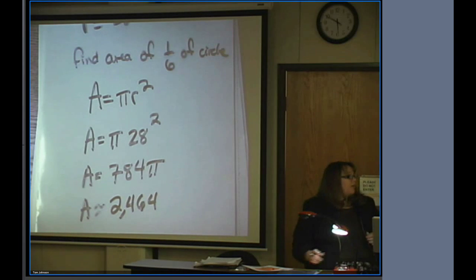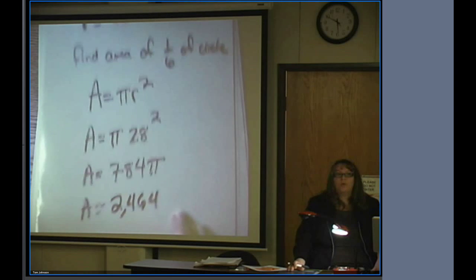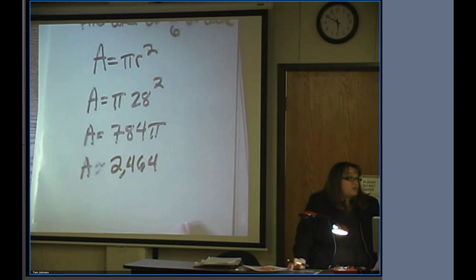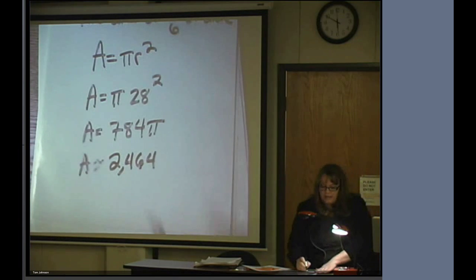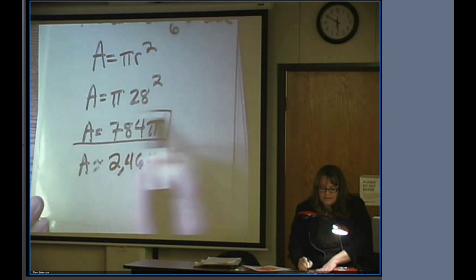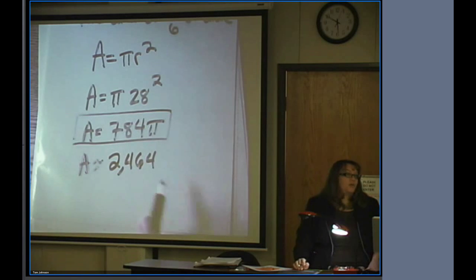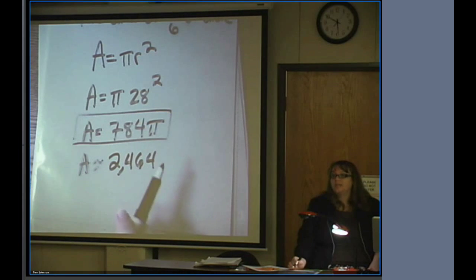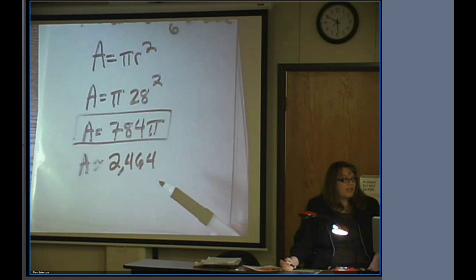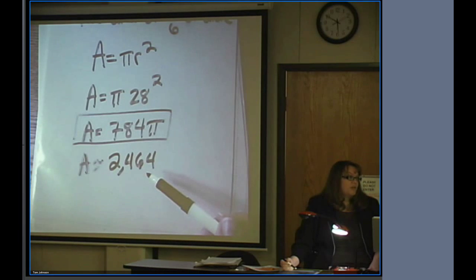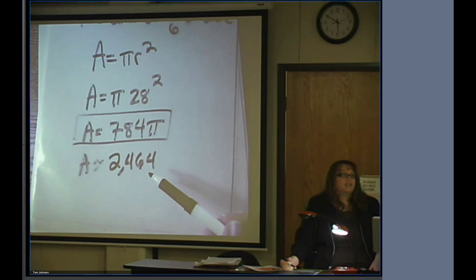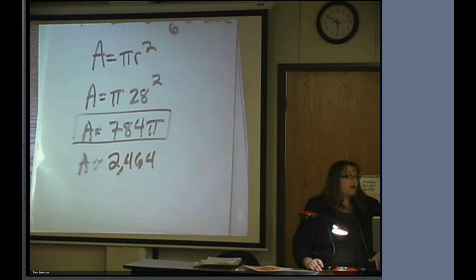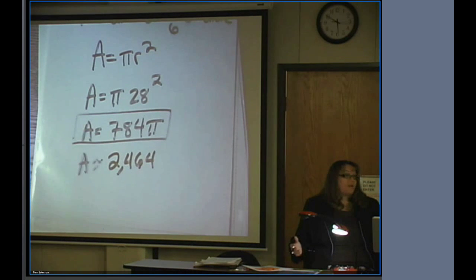The reason why I said approximately is anytime you, pi is an irrational number. It never ends, so we can't find the exact answer. Here would be the exact answer because I've written it as multiply by pi. But the moment I substitute something in place of pi, I now get an approximation. 3.14 is a very crude approximation for pi because if you use the pi button, it will go out even further.